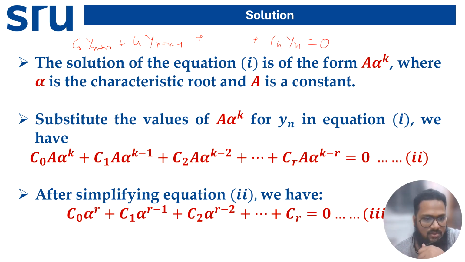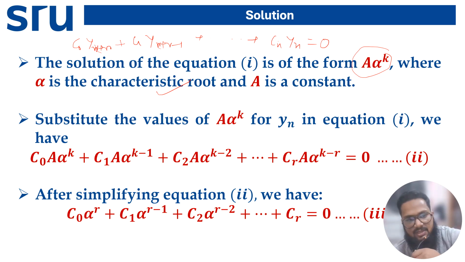Now the solution of this kind of equation will have a form. This is the form of the solution: A alpha to the power k, where we are using k instead of n. Here alpha is the characteristic root, please remember, and A is the constant. So this will be the form of the solution.